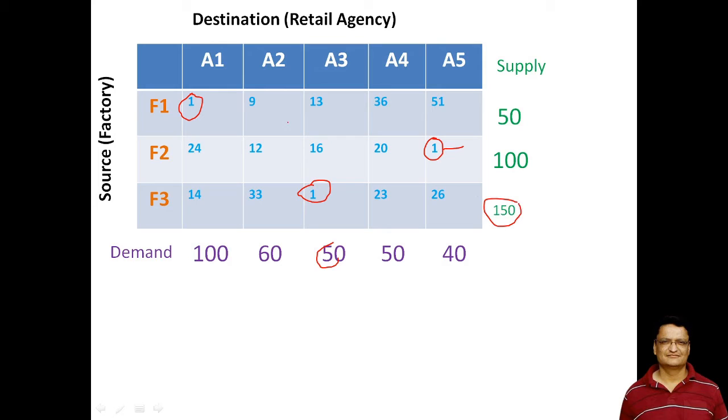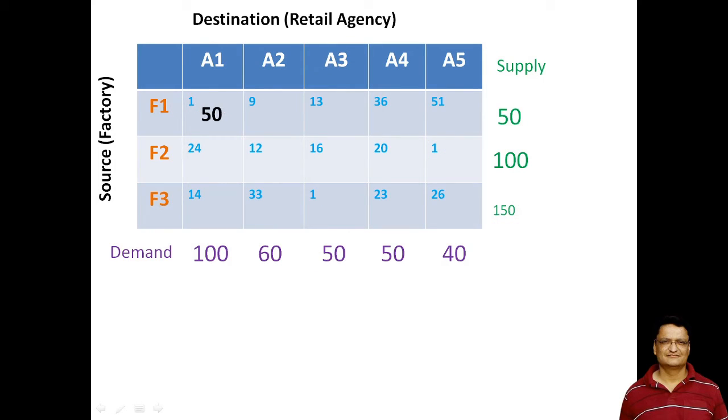So out of these three cells we have to select the cell where the maximum allocation is possible. The maximum allocation is possible in this cell and this cell. We will randomly select this cell and allocate the maximum possible products.